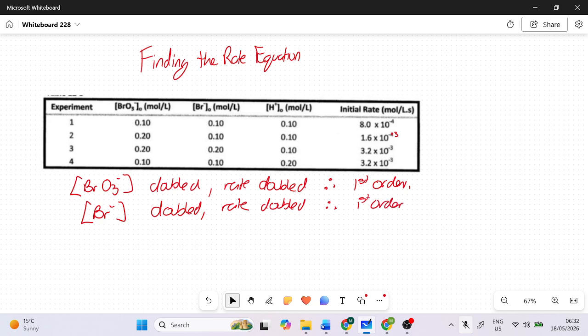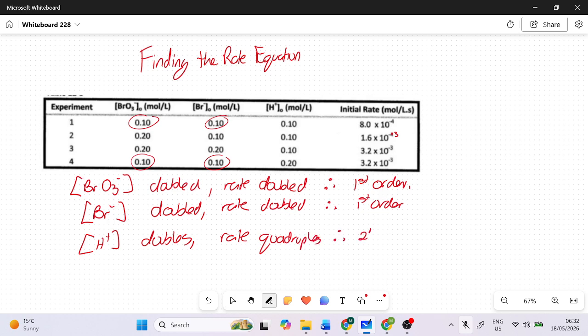For the H plus ions, we now have to compare the first with the fourth experiment, because the others have to remain the same. So when H plus doubles, rate quadruples.